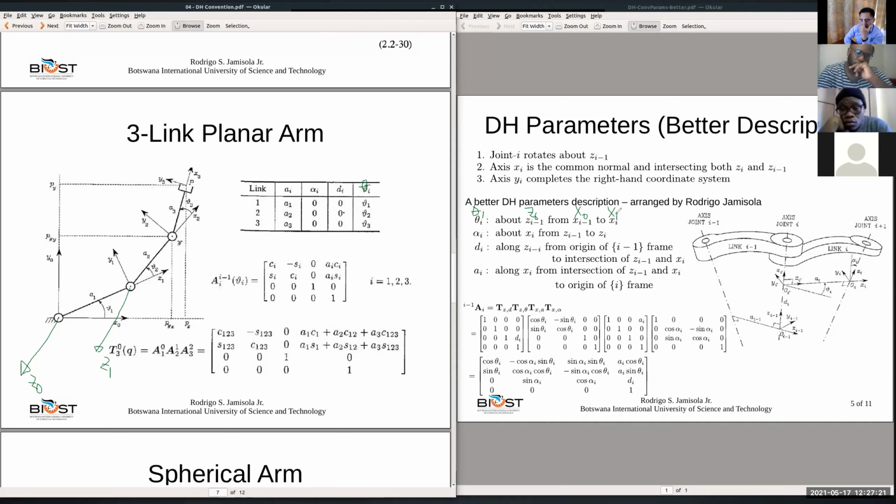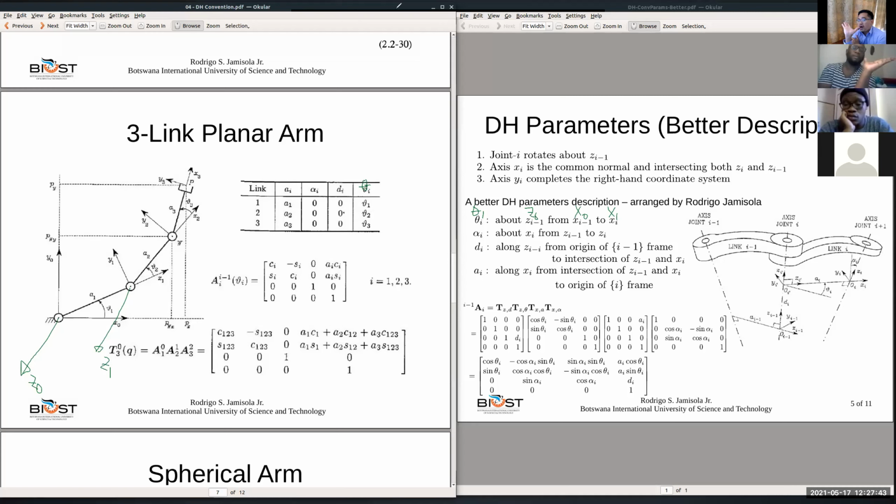Now put your thumb out, your thumb going out of the paper. And then the 4 fingers in the direction of X0, it should be like this. This is your Z0.